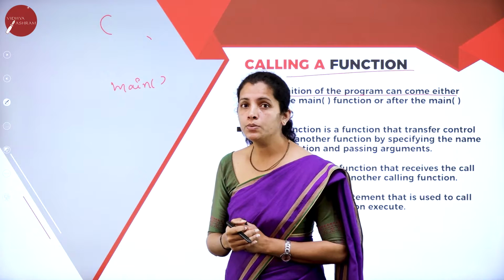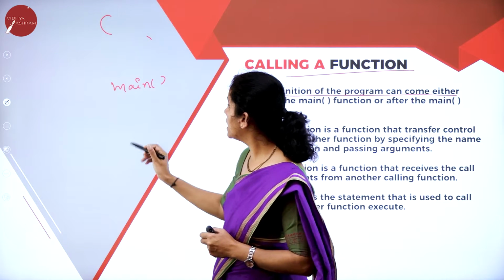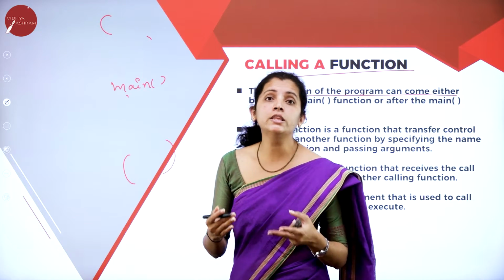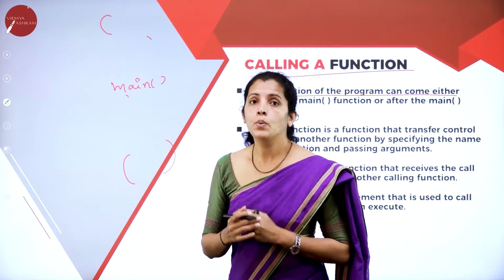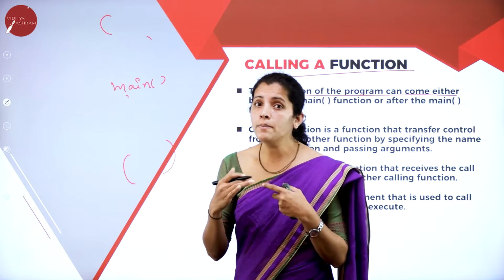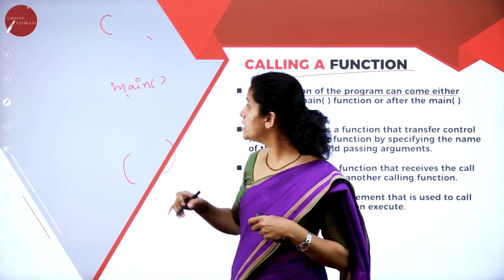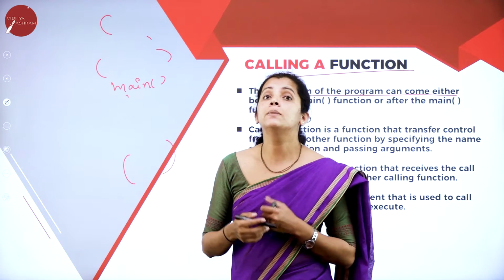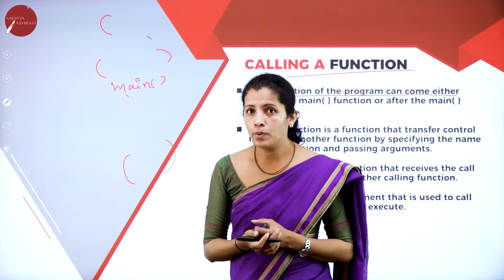And another situation is that I can write the function definition below the main program. In that situation, I need to specify the function prototype at the beginning of the program.